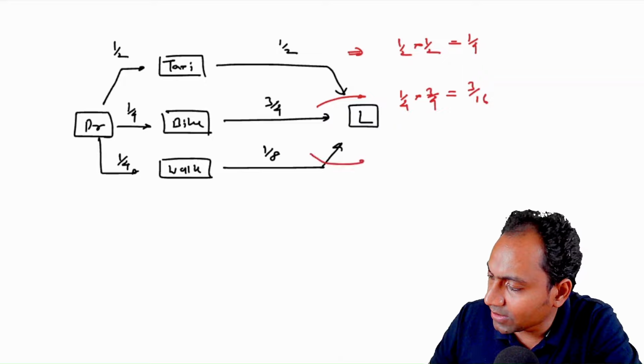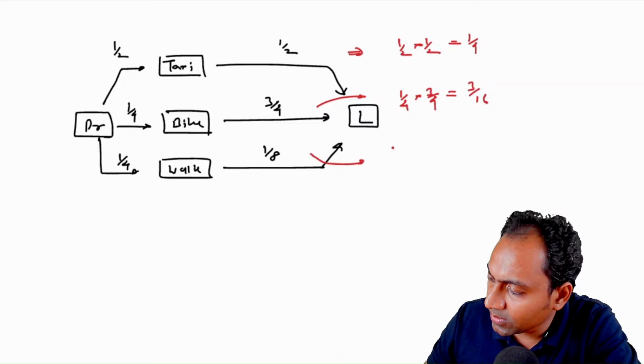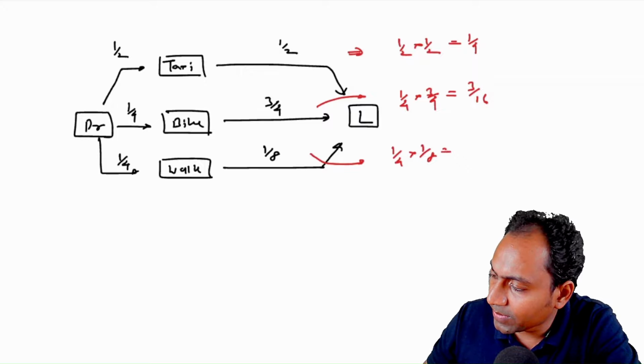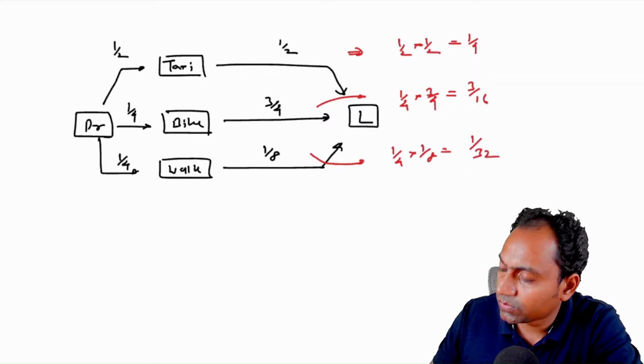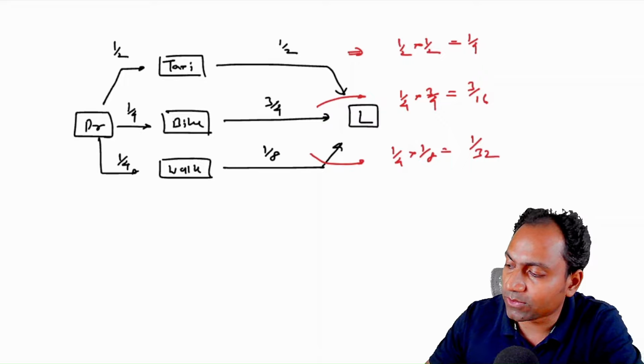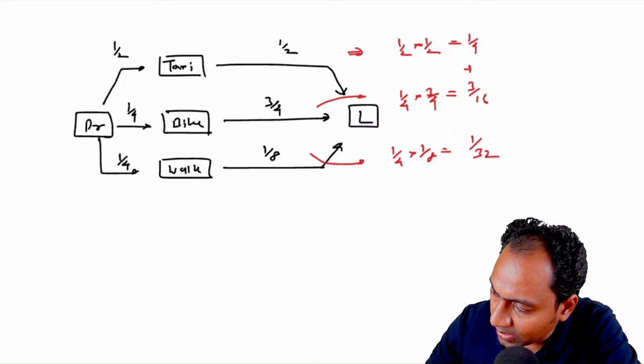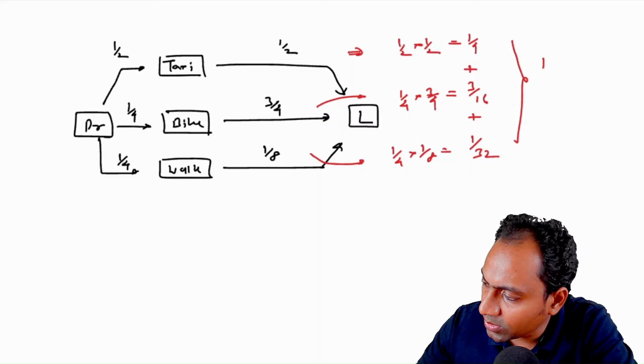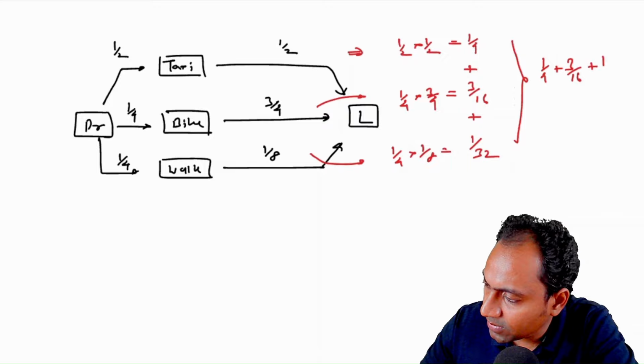And the third path, if he takes, it will become 1 by 4 into 1 by 8, so it becomes 1 by 32. So these are the possible scenarios. So what will be the answer? If I add all of them, I will get my total probability. And this comes out to be 1 by 4 plus 3 by 16 plus 1 by 32.